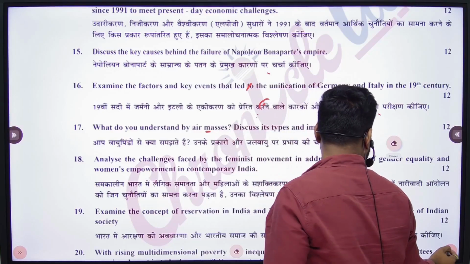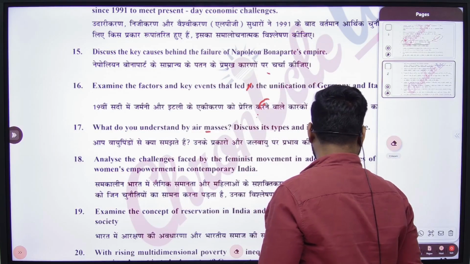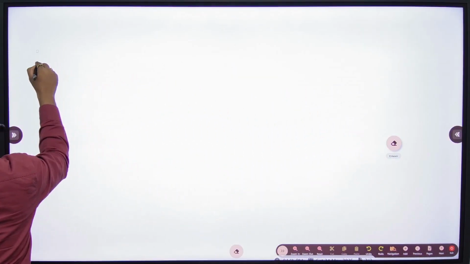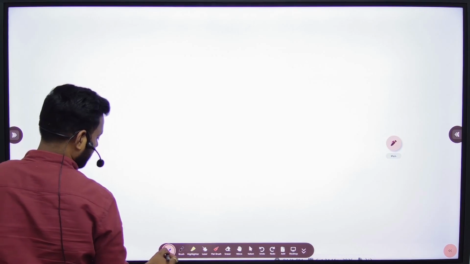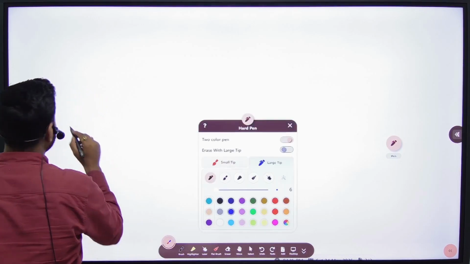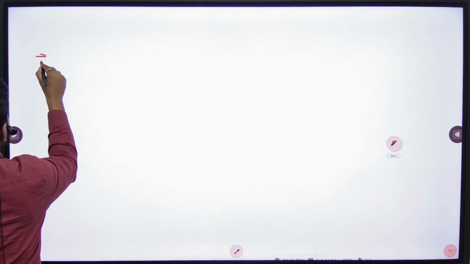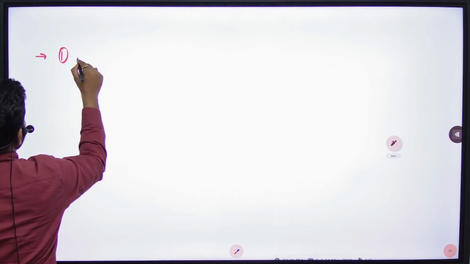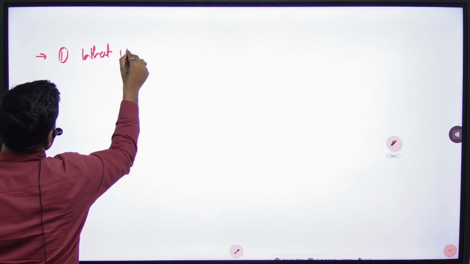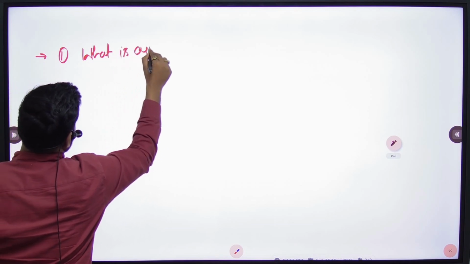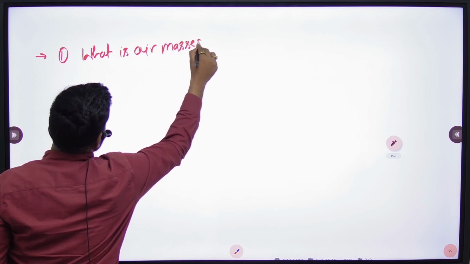Firstly, we just understand what kind of requirement is there. First thing is, firstly discuss what is an air mass. What are air masses?